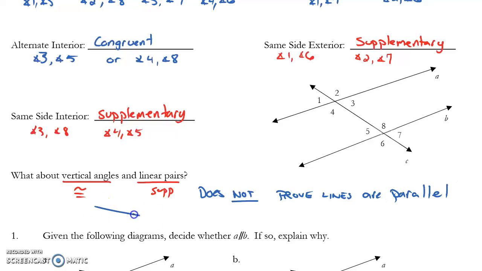Remember, I have vertical angles and linear pair with one intersection. There's no parallel lines here. These occur at one intersection. The others that we just talked about occur at two intersections. That's the major difference. That's why these cannot tell me anything about whether my lines are parallel or not, because I only need two lines to show this. I don't have a transversal.